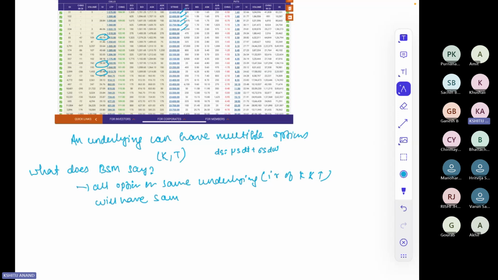I do not like to quote it this way, because the Black-Scholes model does not say it. It is how the Black-Scholes model behaves, because this sigma nowhere appears.